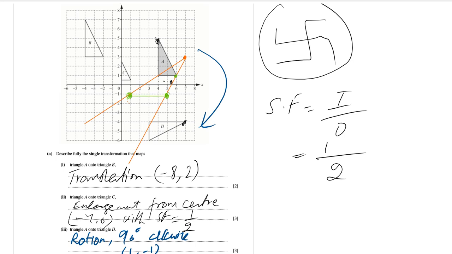I am joining this line, making it darker. As it was a scale factor of 2, it has to be double. This line is of 4 boxes, so I go 8 boxes upwards. 1, 2, 3, 4, 5, 6, 7, 8. This is it, and this should be my enlarged shape.